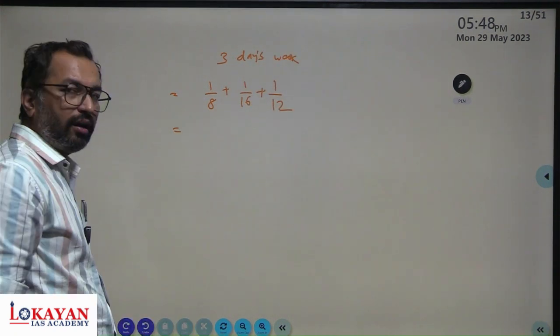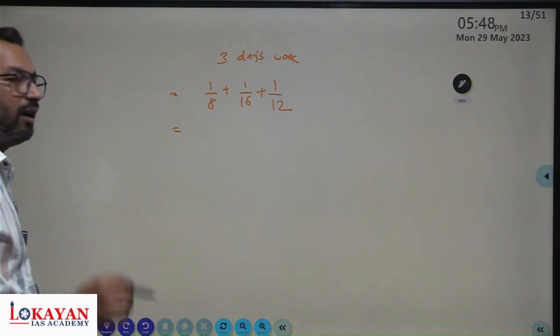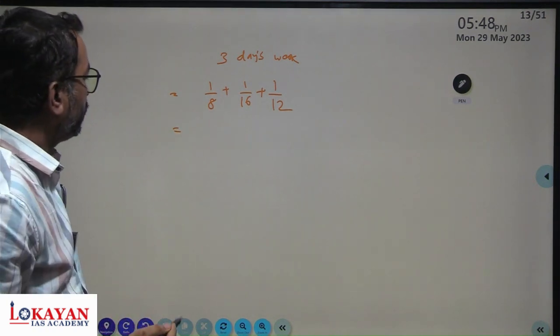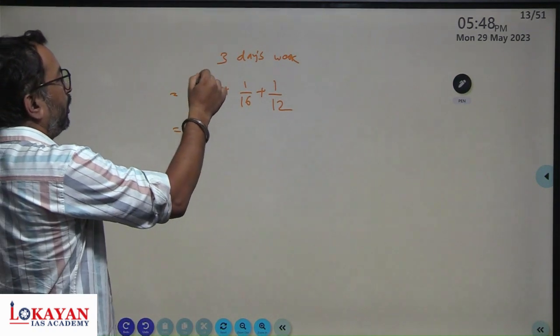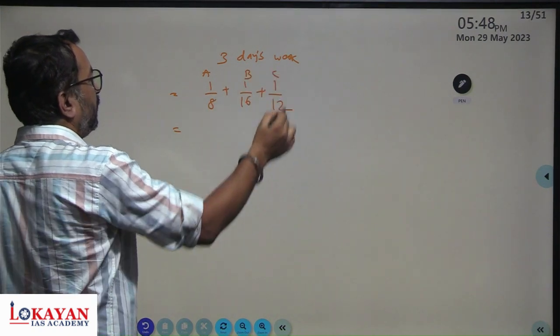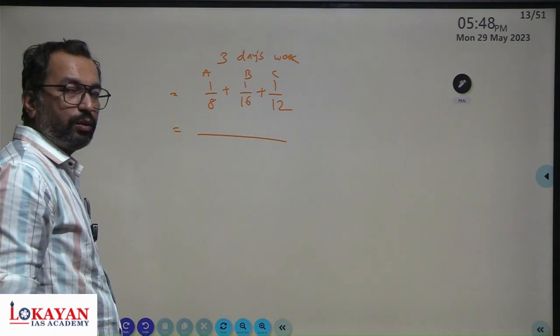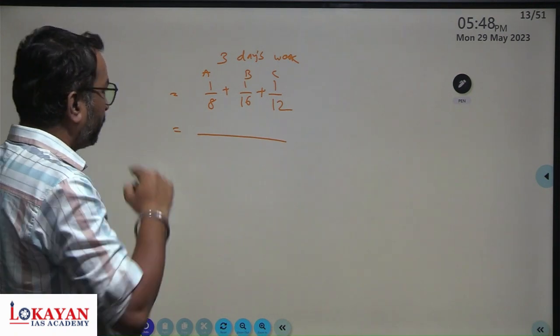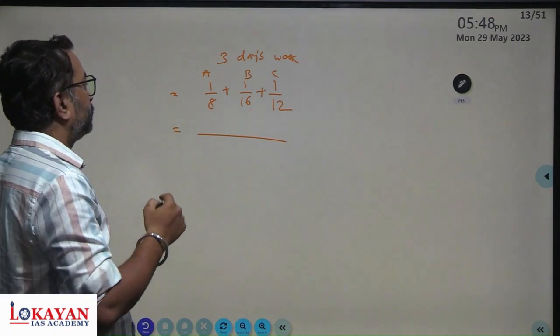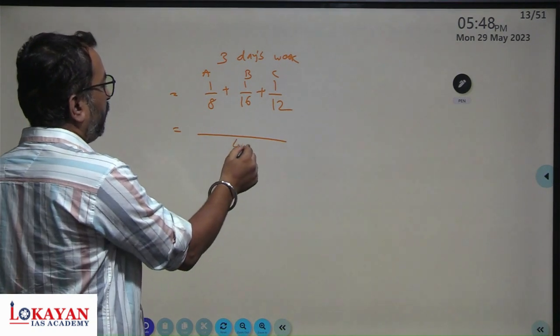Because they are not working simultaneously, they are working alternately. Each day A, B or C is working alternately. So what will be the addition? 3 days work will be, so 48 will be LCM.